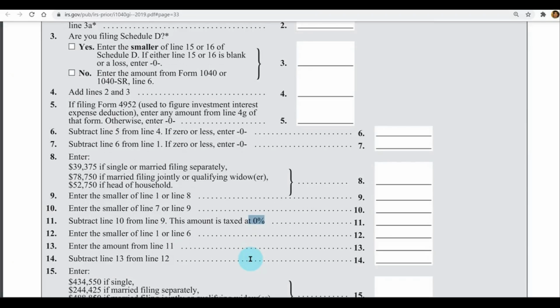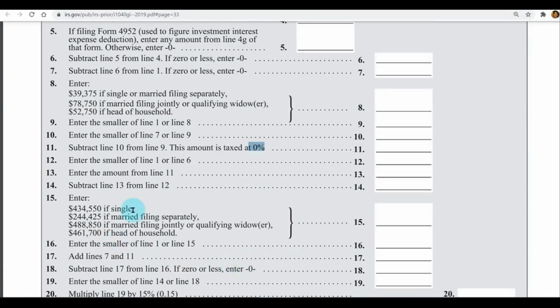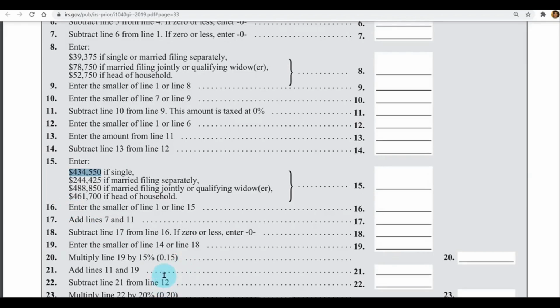Now, if you're wealthy, make a lot of money during the year, and you're single filing status, and you make more than this amount, your qualified dividends, not ordinary, but again, the qualified dividend, are going to be taxed at 20%. Married filing jointly, if you make more than this, your qualified dividend is taxed at 20%.